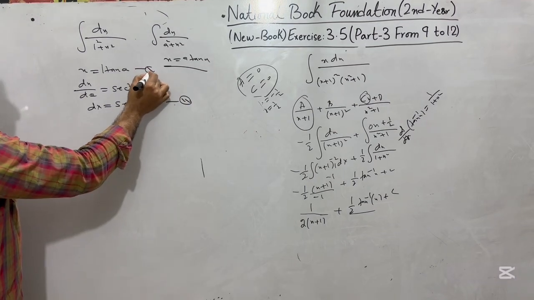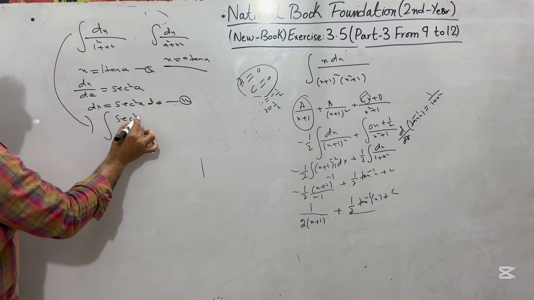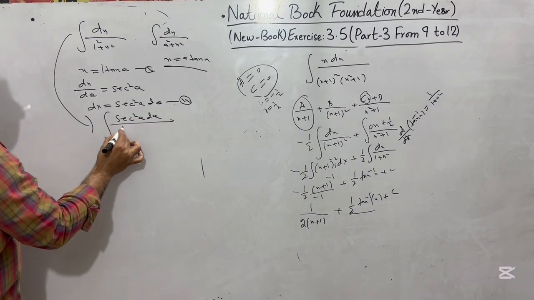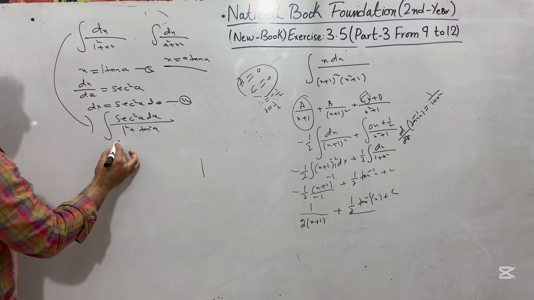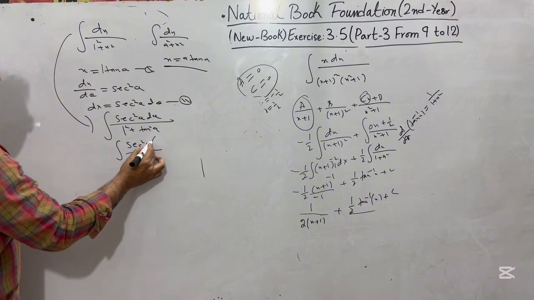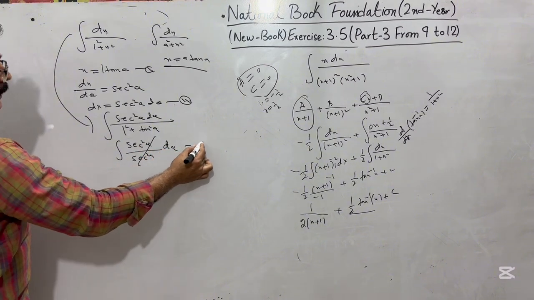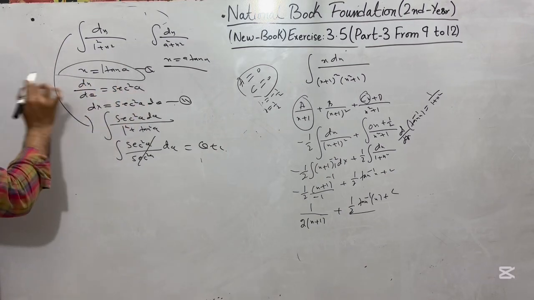Utilizing here, we have dx means sec square theta d theta, overall 1 square plus x means tan square theta. We are familiar that 1 plus tan square is equal to sec square. Cancelled out, d theta means theta plus c. Manage the value of theta from here.